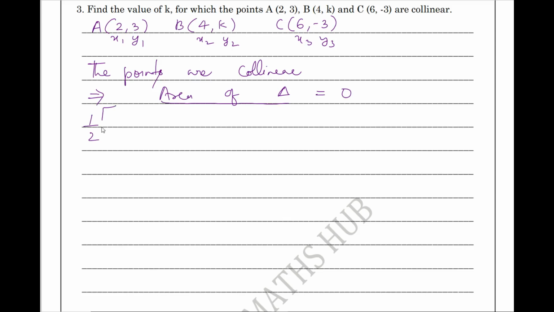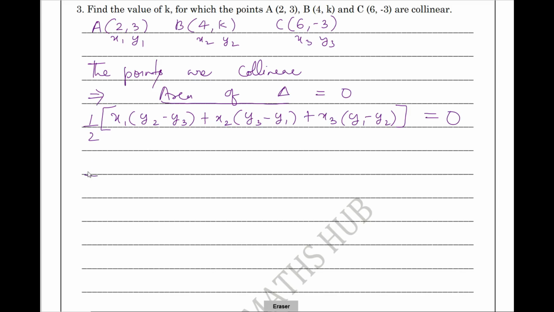Half into x1 y2 minus y3 plus x2 y3 minus y1 plus x3 y1 minus y2, right? It will be equated to 0 since the points are collinear.